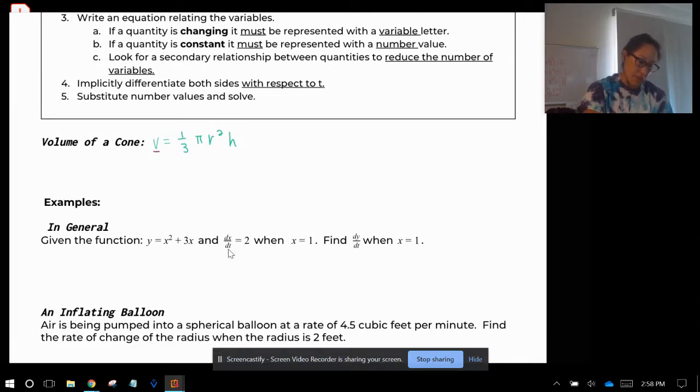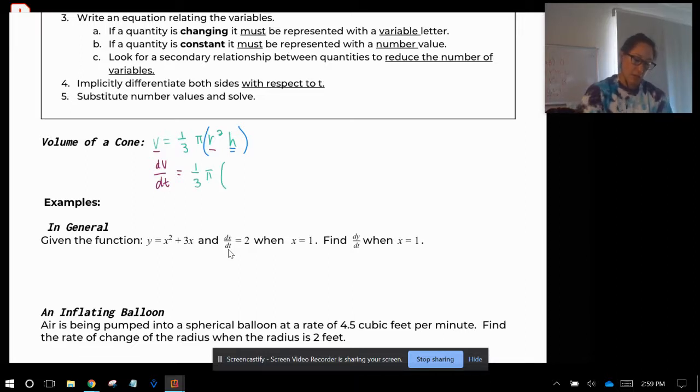So we're going to take the derivative of V, which is dV dt. And then I have a product rule situation here. So I have r squared and h, and I'm actually going to write the 1/3 pi on the outside because that just seems easier to me.